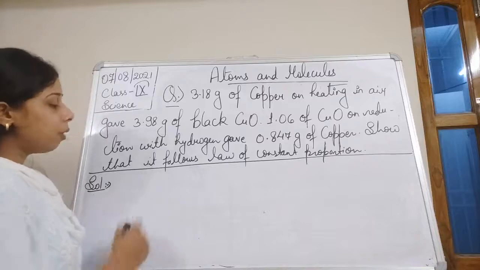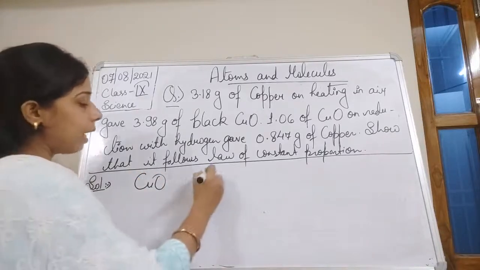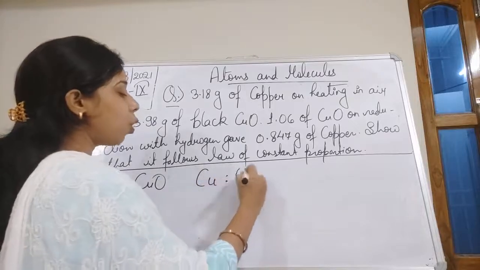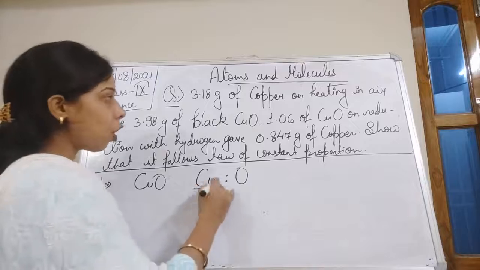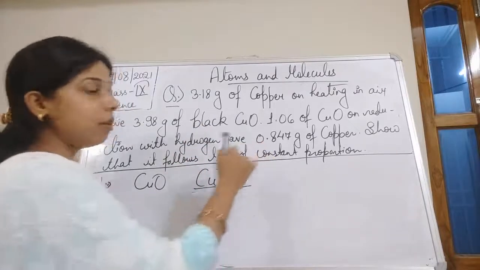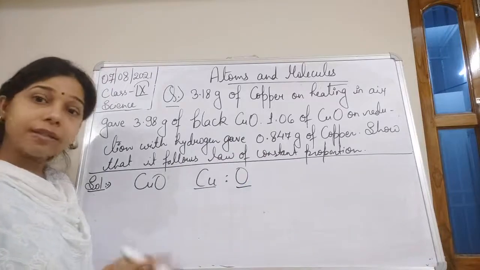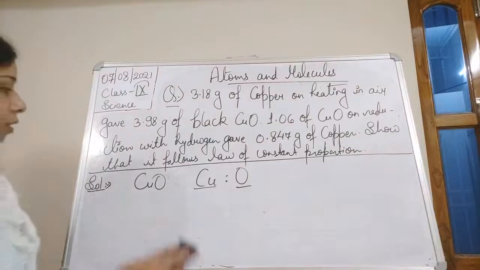Why is it so? Because here it is copper oxide and we have to find the ratio between copper and oxygen. So we must know the percentage of copper and of oxygen in the first case, and we will do the same in the second case. So let us start with the first experiment.